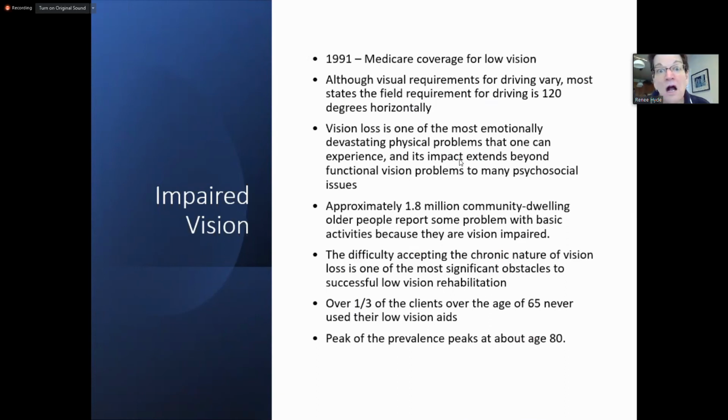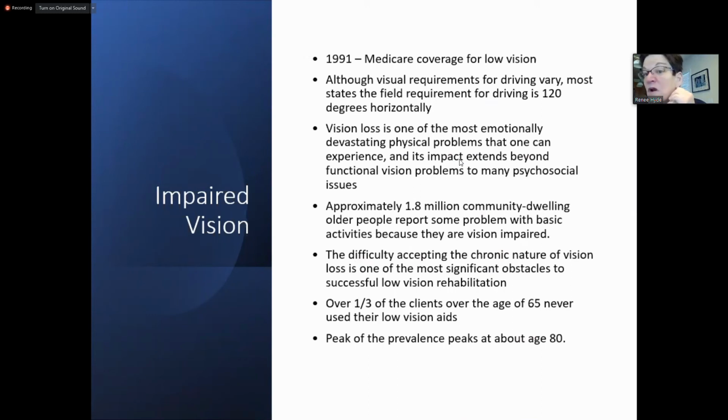Though visual requirements for driving vary, in most states the visual field is 120 degrees horizontally. And remember that legally blind was only 20. So they have to have some peripheral vision in order to be able to drive.